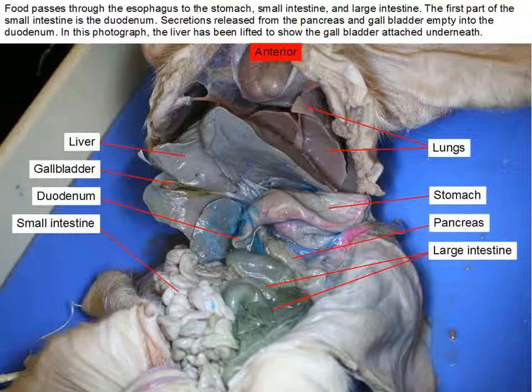Eventually it will get to a point, I think we have a separate slide for this, where the small intestine and the large intestine are going to meet. There are several different structures we can point out there, but the most important is going to be the cecum, and there's another valve there, the ileocecal sphincter, that's going to hold up passage until it wants to move the chyme forward.